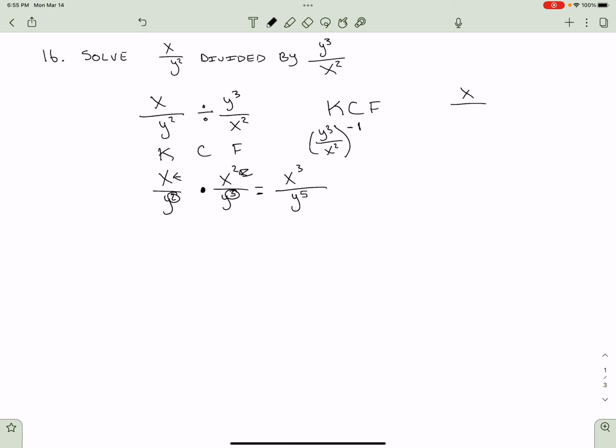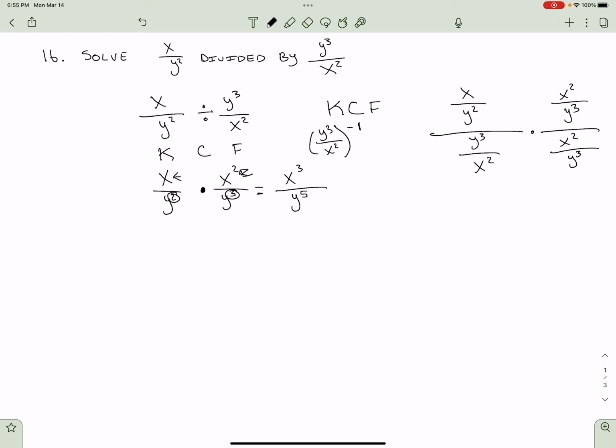See, I could rewrite the division as what they call a complex fraction. And then I'm going to multiply it by a form of 1 for my denominator, which is x squared over y cubed. And if I have that in the bottom, I have to have the same thing in the top.